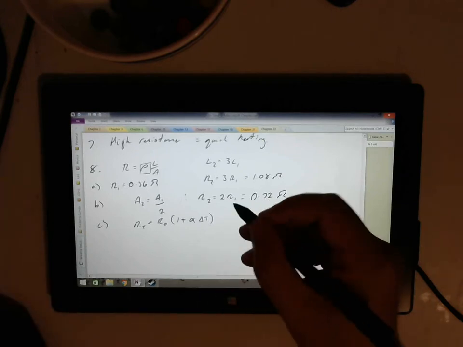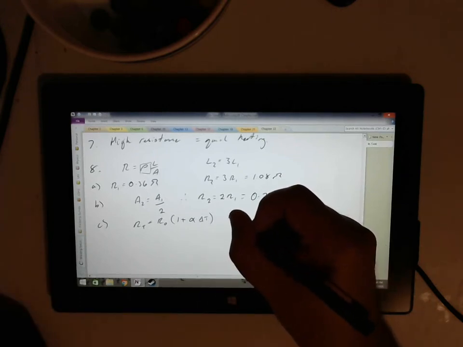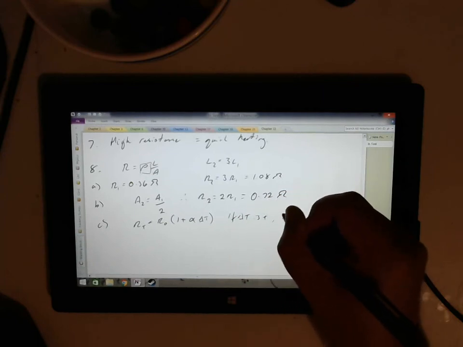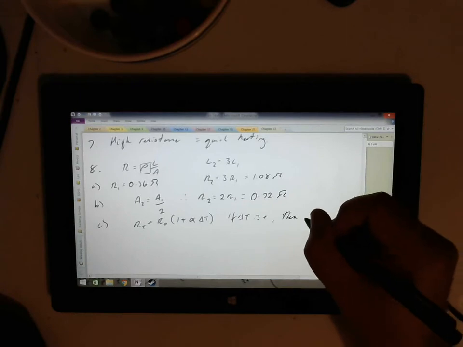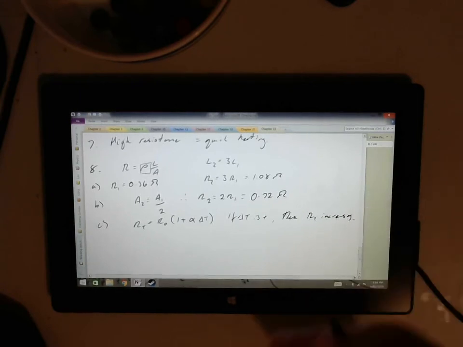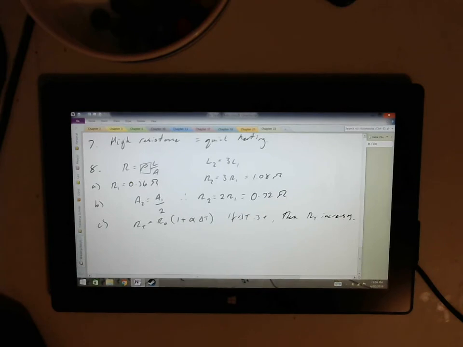So if delta T is positive, then R_T increases. The actual answer that they've given us here is that the resistance would equal 0.8.